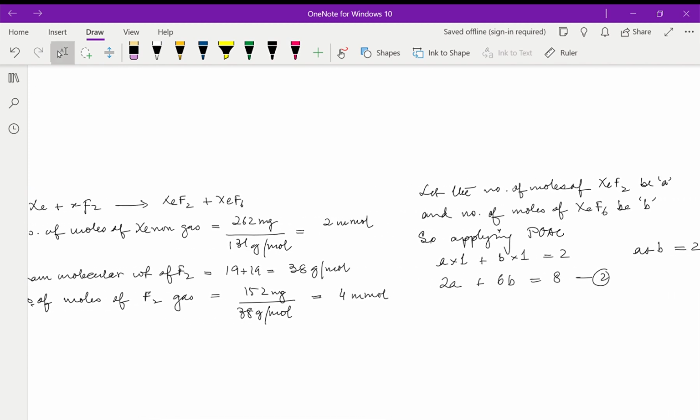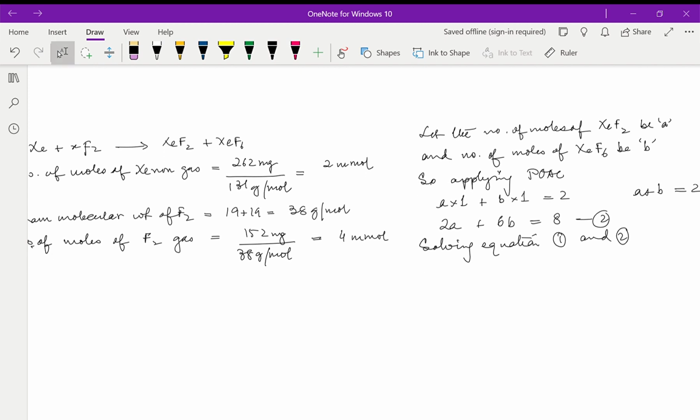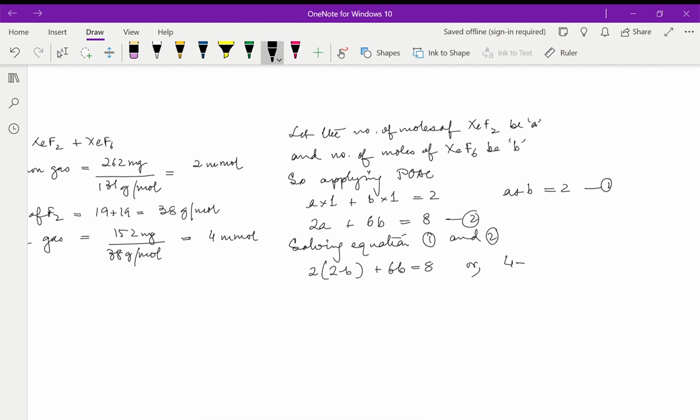Alright. Now if we solve equations 1 and 2, what we get is 2A can be written as 4 minus 2B, and 6B equal to 8, or we can say 4 minus 2B plus 6B equal to 8.